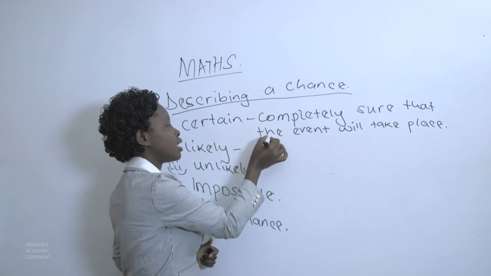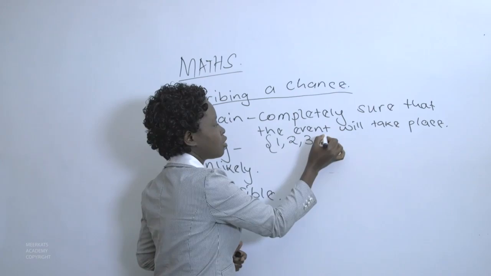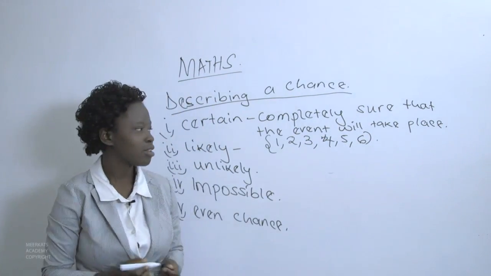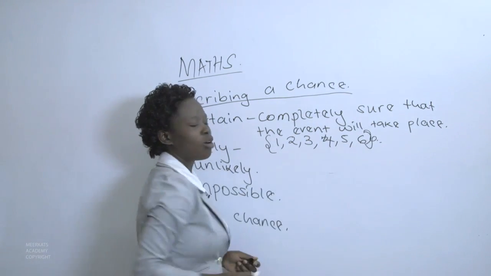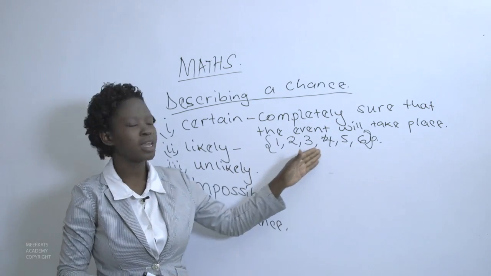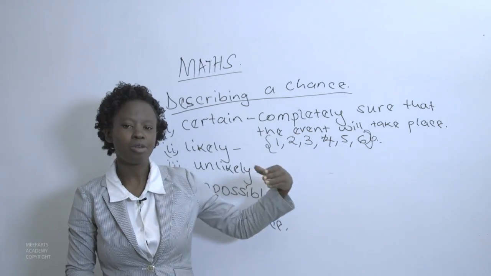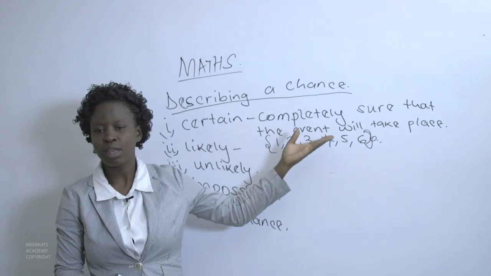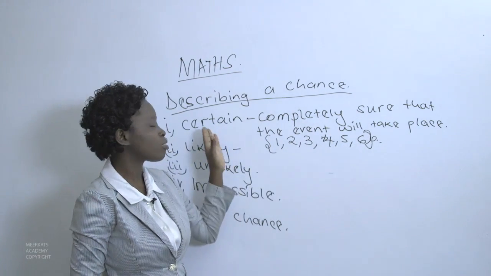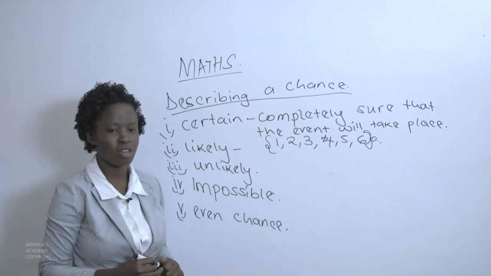So if I have a die with a probability space of 1, 2, 3, 4, 5, and 6, and we are asked about the probability of getting a number that is less than 7, then any number I roll is less than 7. So you are very certain. We use certain when you are completely sure that the event is going to take place.